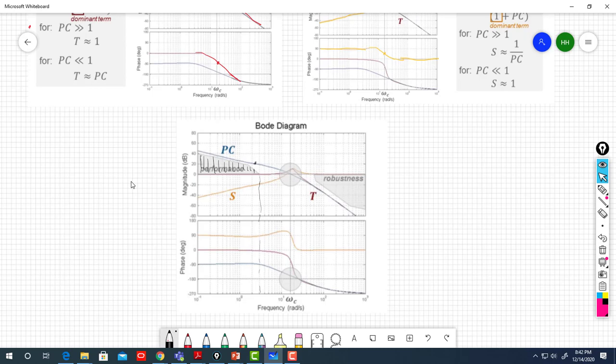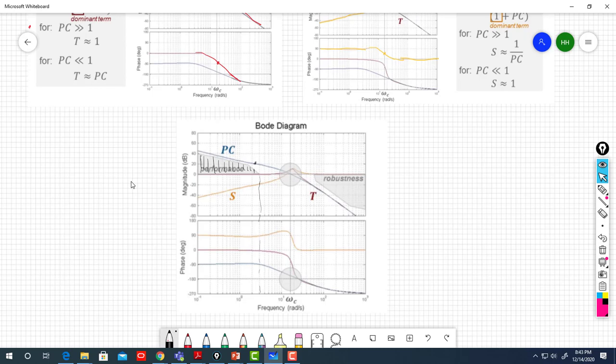Also, to have a robust system, we need the transmissibility matrix, which reflects the noise, to be such that the noise is completely attenuated, so your system is robust. And also the disturbances are not amplified. Here you don't talk about disturbance, because disturbance is usually low frequency, so at high frequency our main concern is the noise.